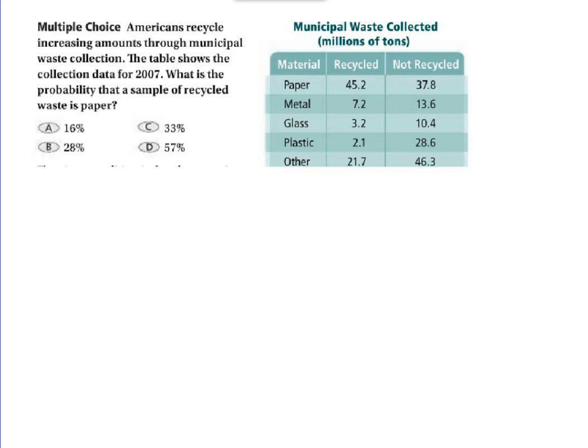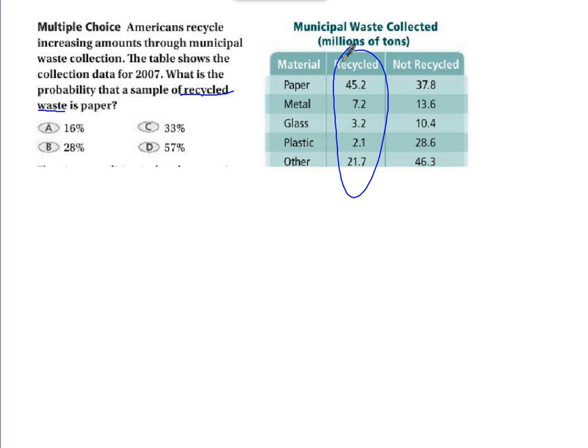They basically have told me that the sample that I pick is recycled waste. Okay? So I went into the recycled waste bin, which means I'm looking at this column. Now what? We want it to be paper, so you do wins over ways.